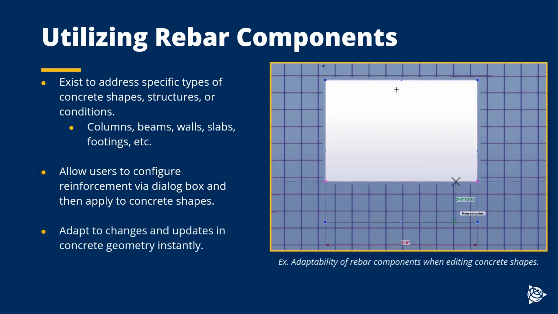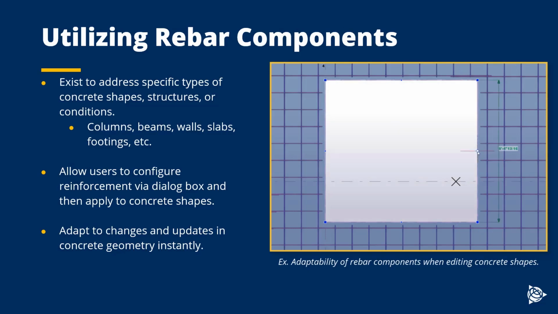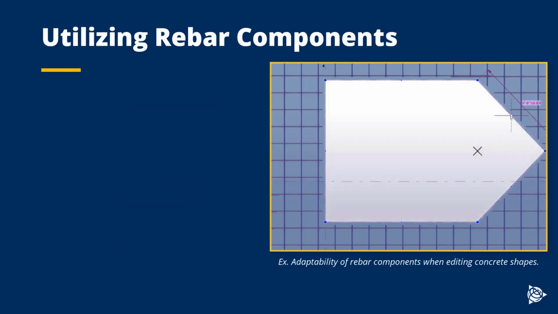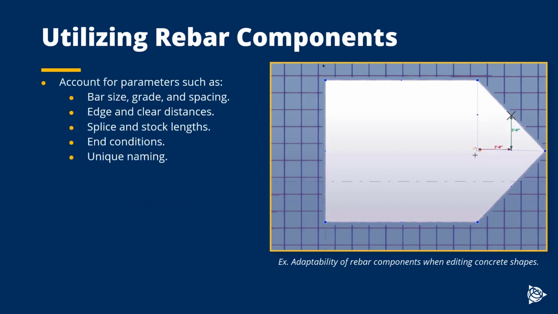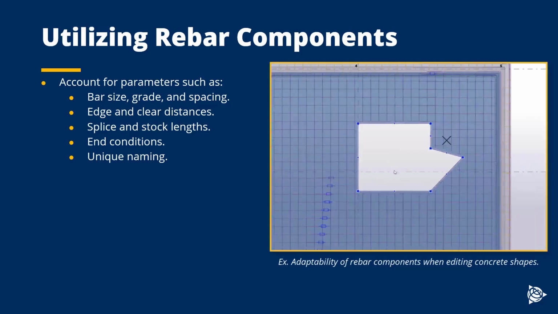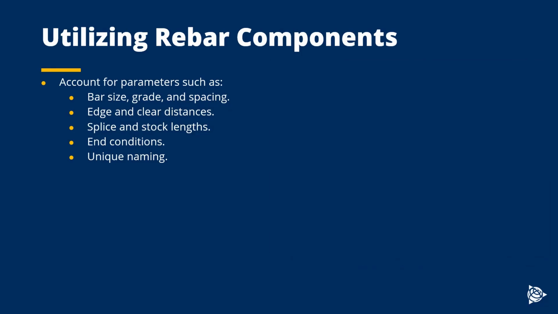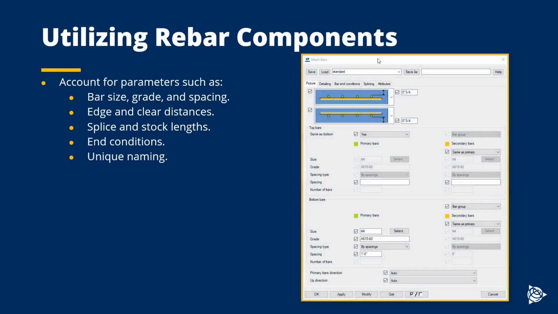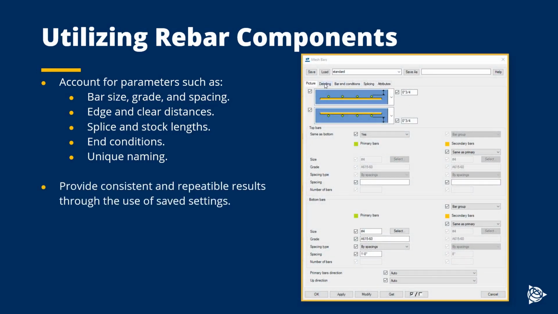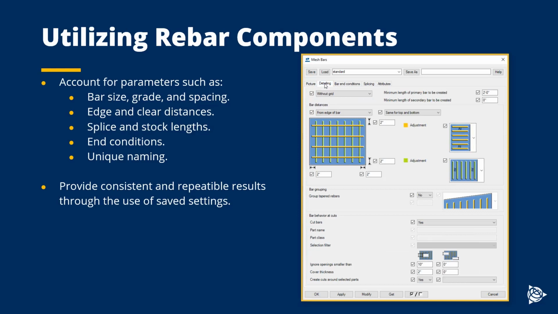Rebar components adapt to changes and updates in concrete geometry instantly, reducing tedious rework. The components account for many parameters applicable to certain situations, most commonly being bar size, grade and spacing, edge and clear distances, splice and stock lengths, end conditions, and even unique naming of reinforcing bars. They provide consistent and repeatable results through the use of saved settings.